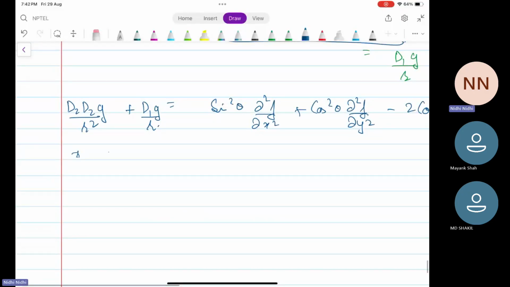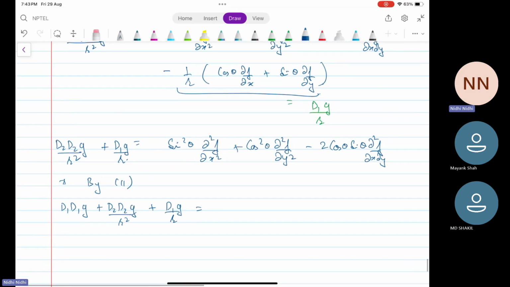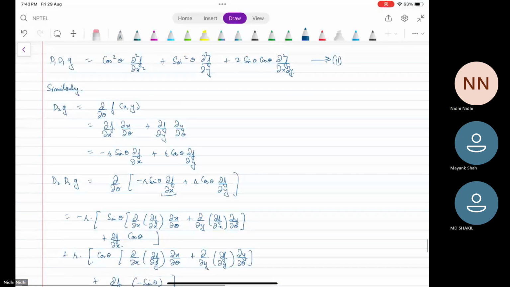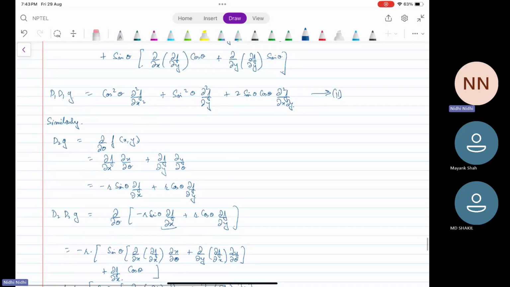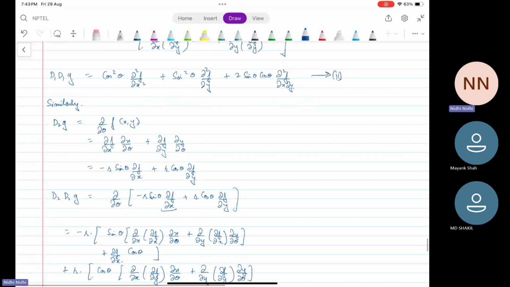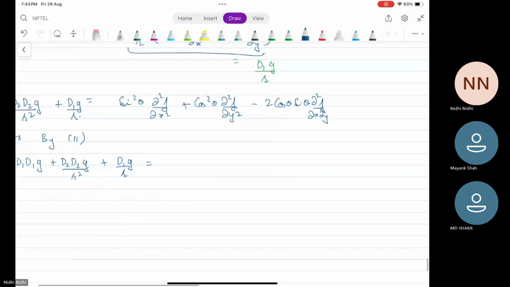So this implies by equation 2, d1 d1g plus d2 d2g by r square plus d1g by r is equal to, now d1 d1g we are going to know first, by equation 2, this is cos square theta del 2f by del x square plus sin square theta del 2f by del y square.